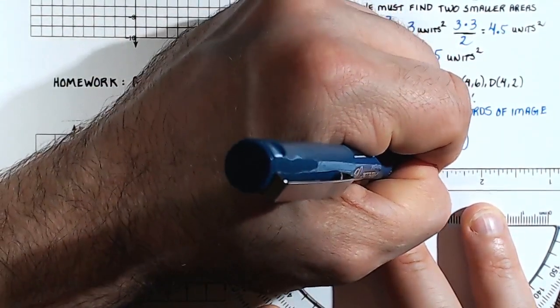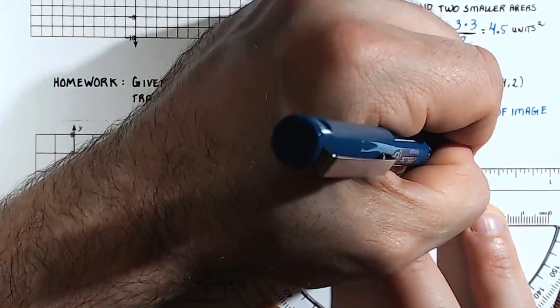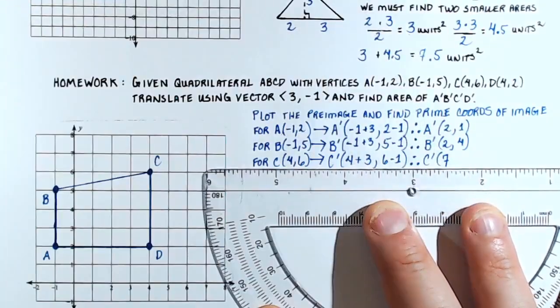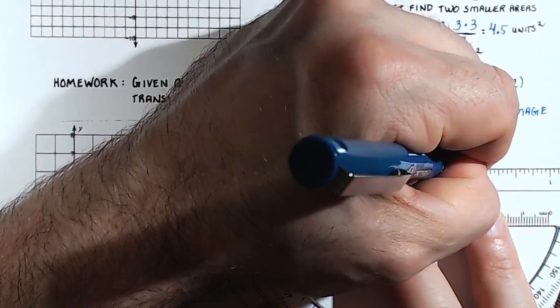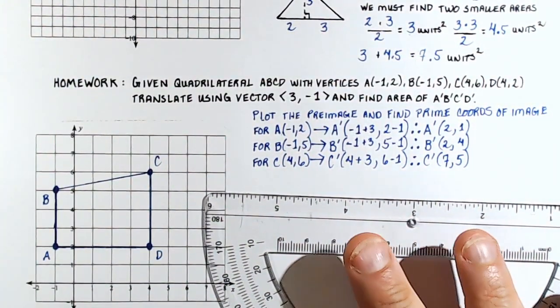Therefore, C prime is located at 4 plus 3, which is 7, comma, 6 minus 1, which is 5. All right, so that's where the C prime image coordinate is located.